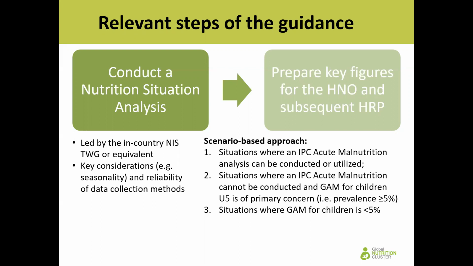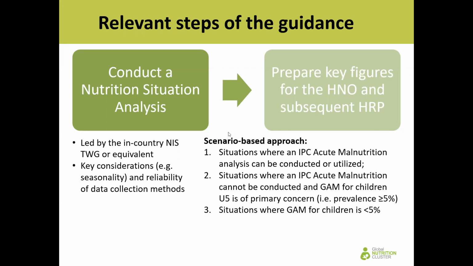If an IPC acute malnutrition analysis cannot be conducted, after consulting with the GNC CT team or the global support unit, and global acute malnutrition for children under 5 is still a primary concern, so a prevalence above or equal to 5%, then you would fall into scenario 2, and specific recommendations are put forward in this guidance for that given scenario.